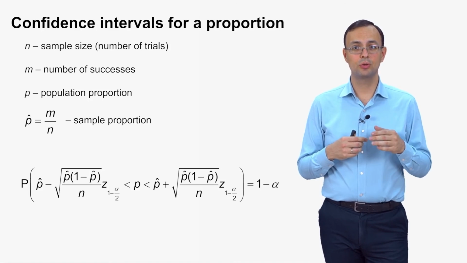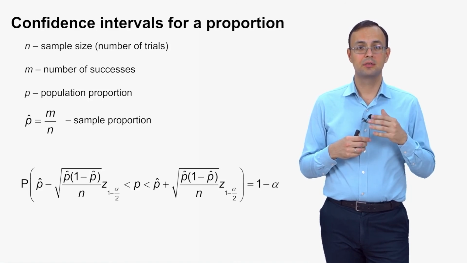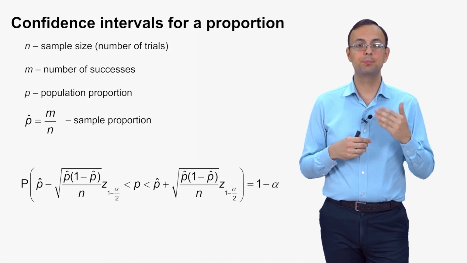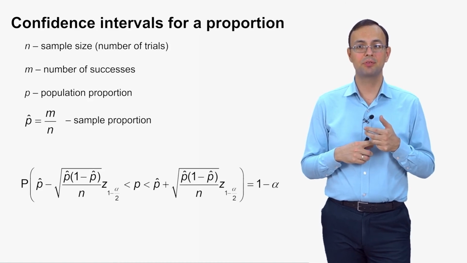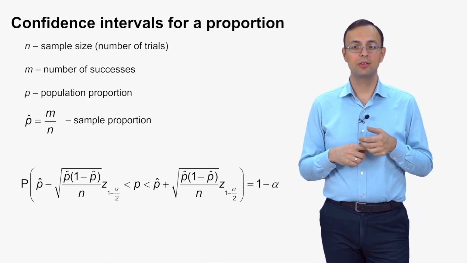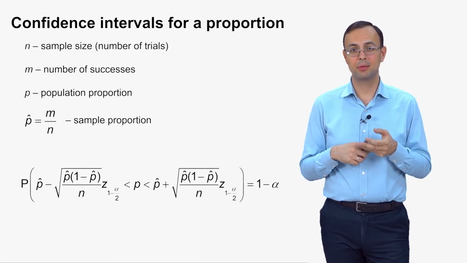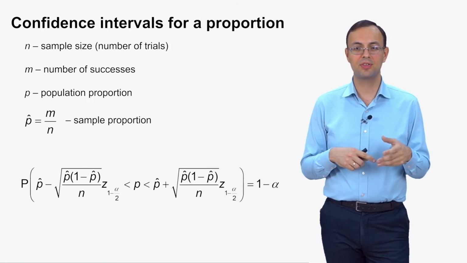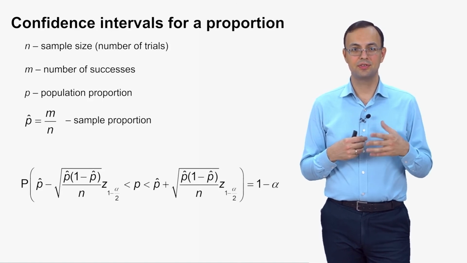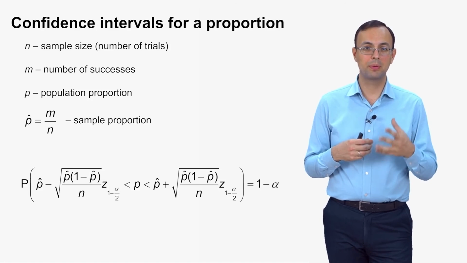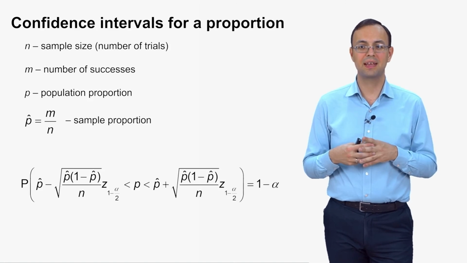You repeat an experiment and count the number of successes, then divide the number of successes by the number of repetitions of the experiment, and this is called the sample proportion. This is the natural way to estimate the unknown probability of a random event.